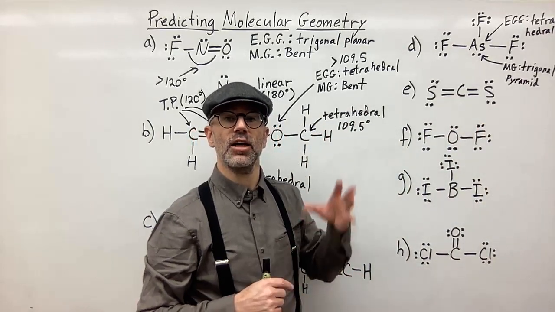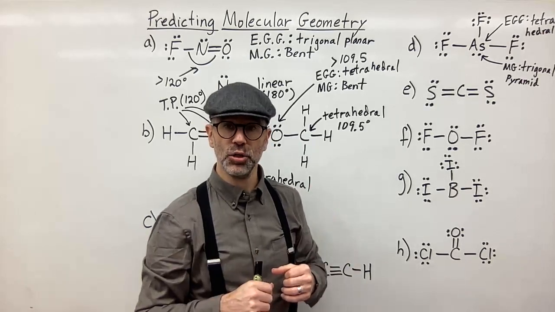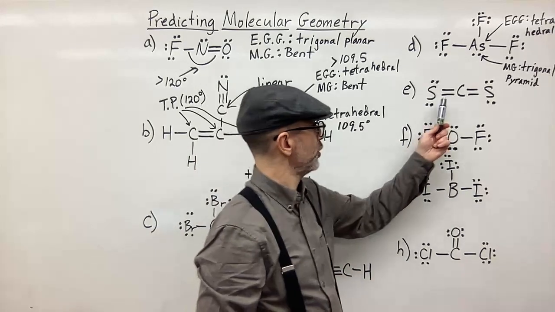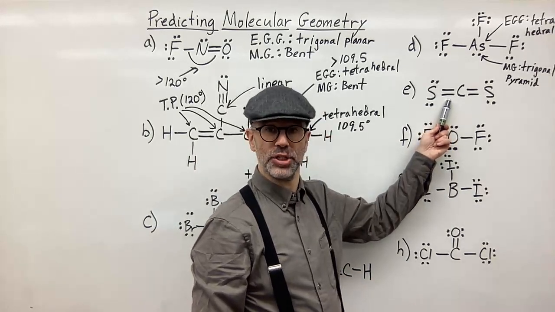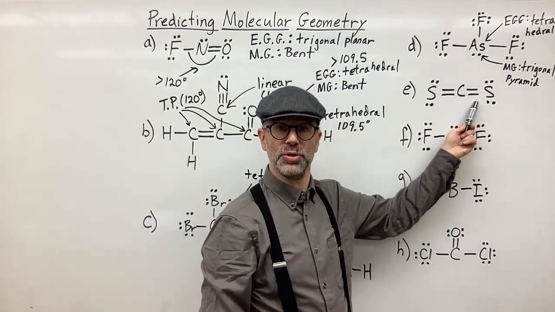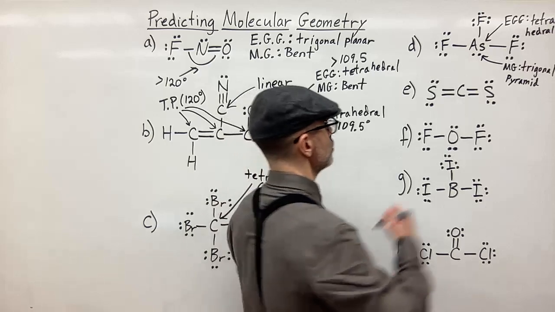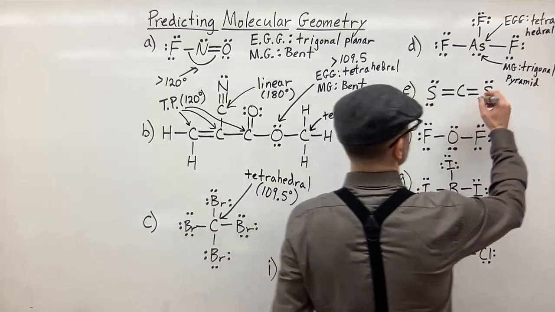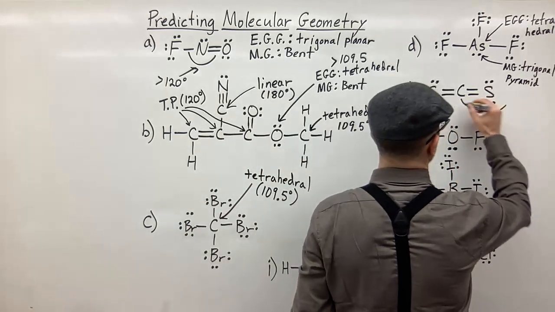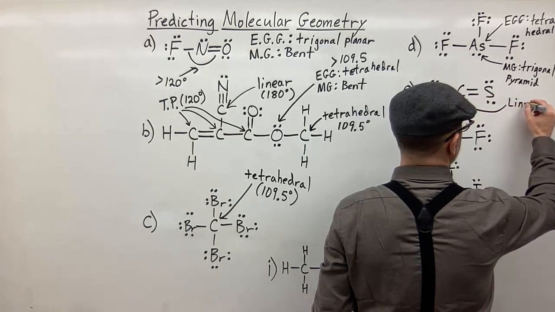So again, the electron group geometry and the molecular geometry are identical. So in this case, according to your chart, the electron group geometry with only two total electron groups around your central atom is going to be linear. So the electron group geometry and the molecular geometry is going to be linear.